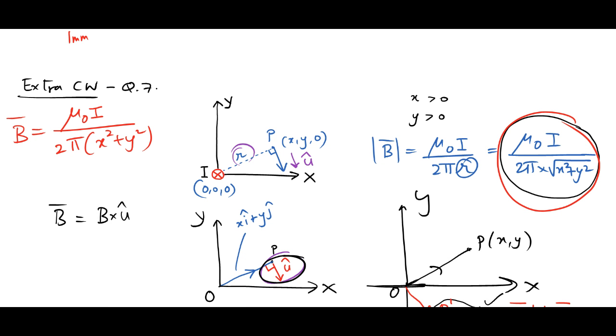So I multiplied by y i cap minus x j cap, and this is going to be the precise expression for the magnetic field at the point x comma y comma 0.